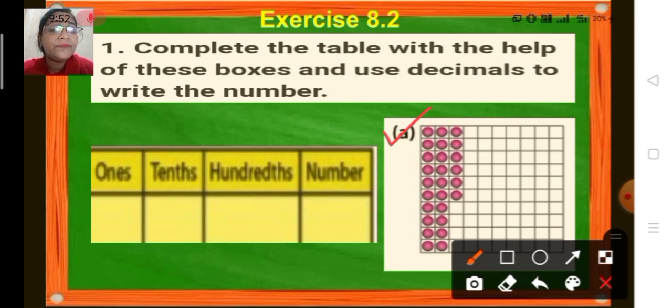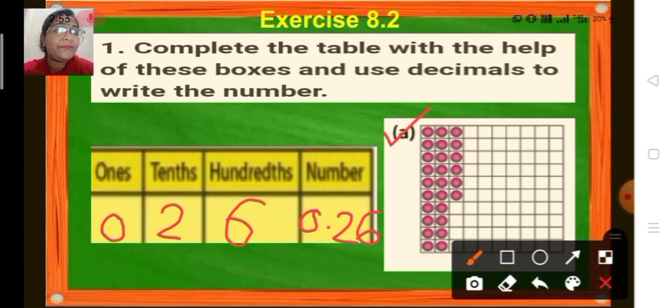That means this represents 26 hundredths. Therefore, the given box represents the decimal number 0.26. In that, 0 ones, 2 tenths and 6 hundredths are there.